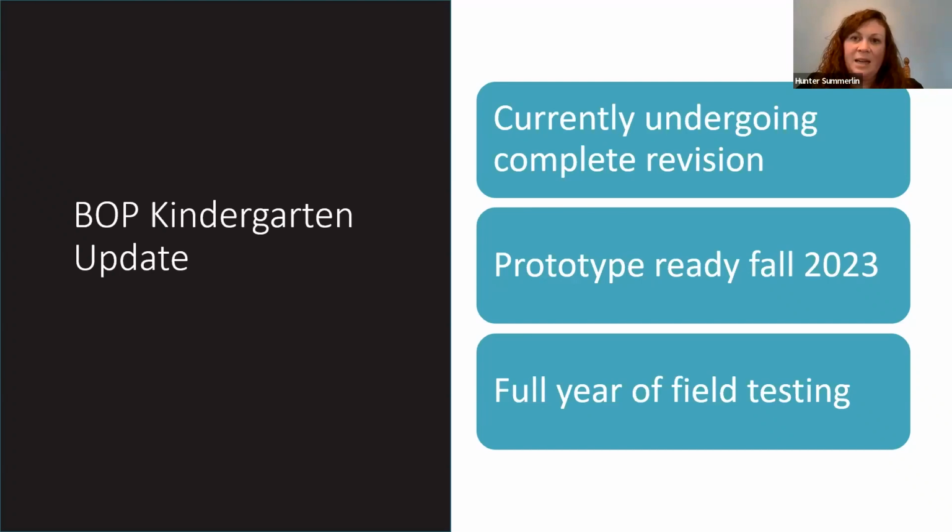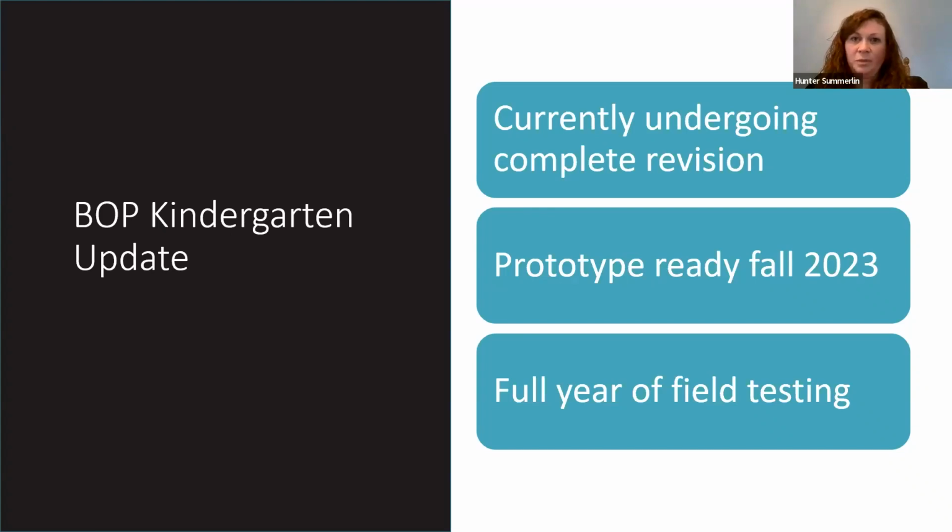And then how long it takes to come back from field testing and include any changes that might need to be made depends on the field testing results. So I can't give you a final launch date, but we're very excited to have that going on, and I wanted to share that with you.